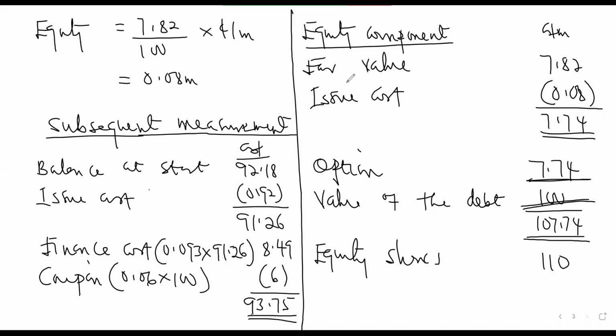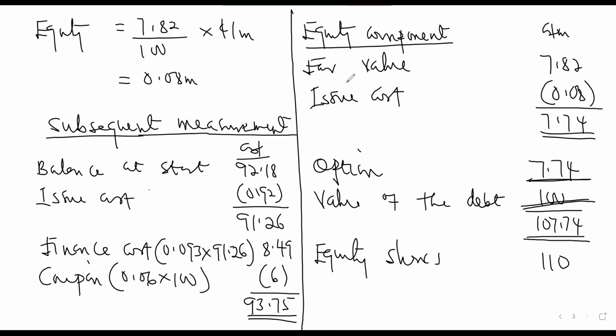What is the value of the equity shares we are giving to them? 110. Whenever you are issuing shares and you are receiving lower than what you are giving out, the shares have been issued at a discount, isn't it?